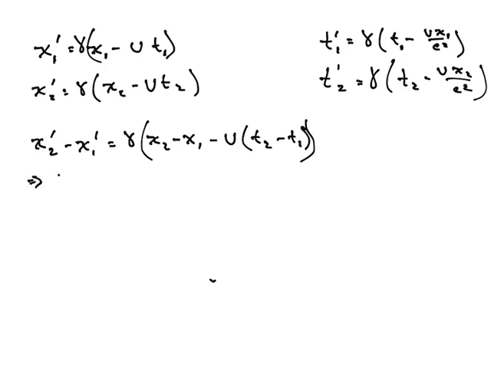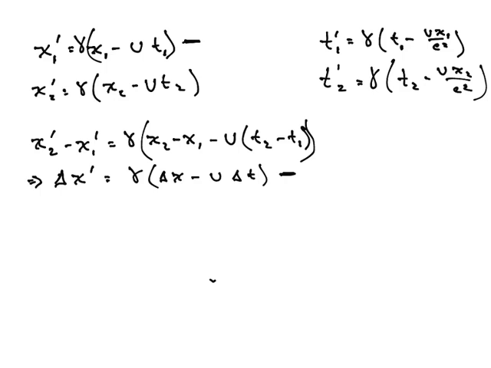So that's the difference for the x's. Calculating this out, x2 prime minus x1 prime, that's just delta x prime. That's the difference in the prime coordinate, x, is gamma times, notice x2 minus x1, that's just delta x, minus u times delta t. Okay? And notice the form of this transformation is exactly the same as our original transformation, except everywhere there's an x or a t, it's delta x and delta t.